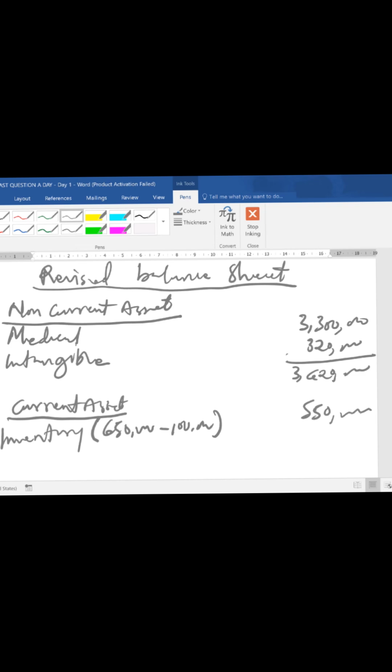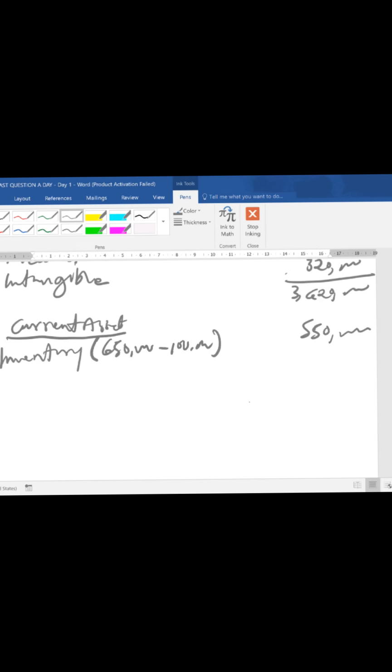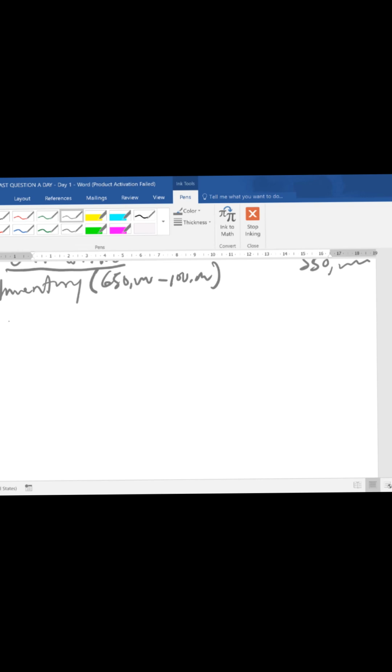Just push it a bit up. Okay. Then we have our receivables. Our receivables being 800,000 minus the 700 minus the 40, giving us just 60,000.